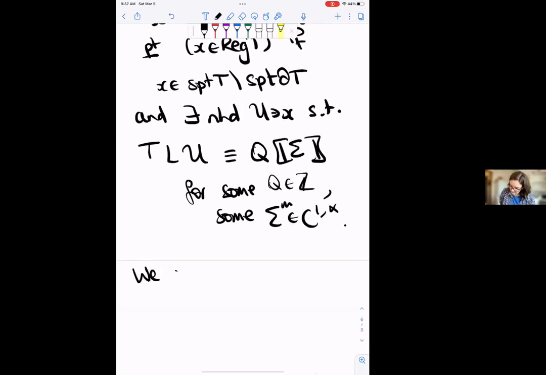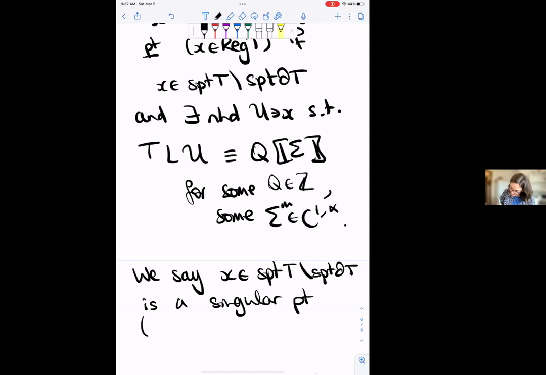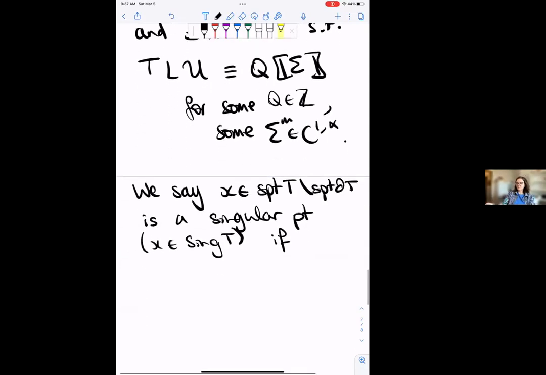again an interior point, X in the support of T, is a singular point if it's not a regular point.